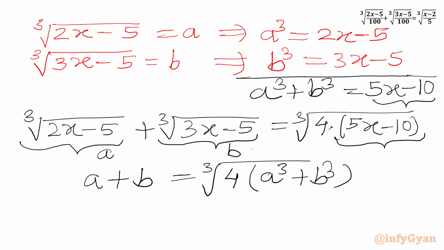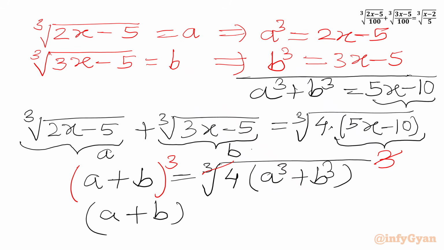Now we have cube root in right hand side. So we can cube both sides to get rid of cube root. So let us cube both sides. Now we can cancel cube root with cube in RHS and we will write equation a plus b whole cube equal to 4 times a cube plus b cube.